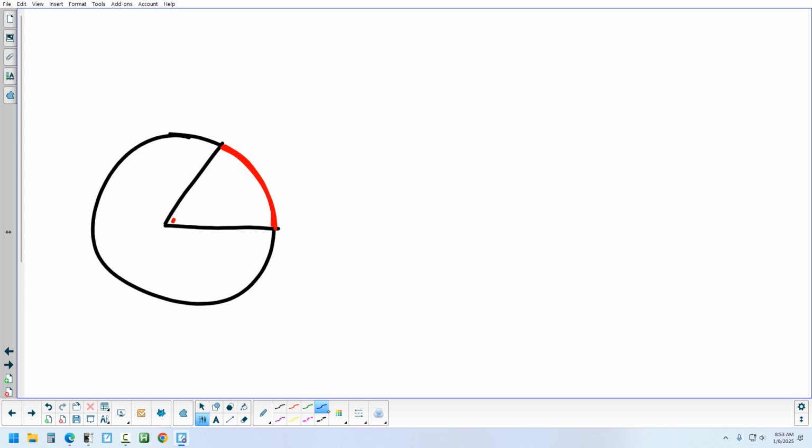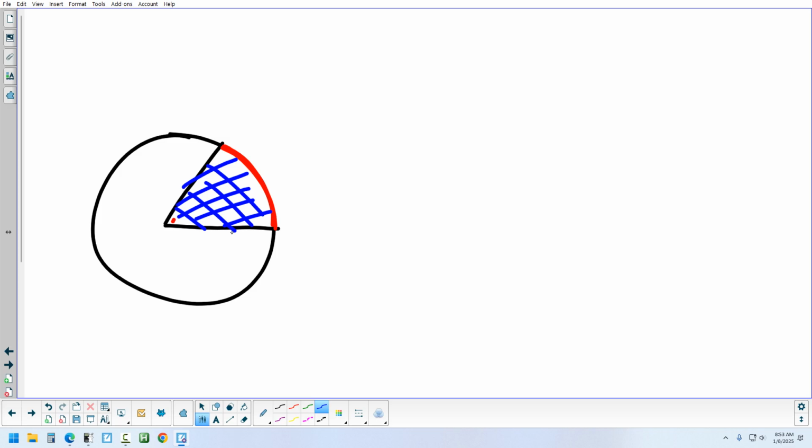And the other thing we're going to learn a formula for is the area of that part shaded in blue. That's called a sector. It's not a triangle. It does have two sides that are straight, but the third side is curved. So it's like a piece of pizza or something. That's the shape of a sector.